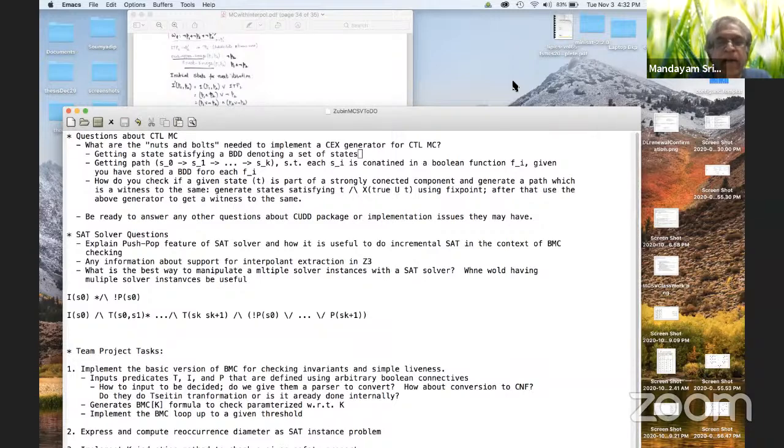Okay, how you will do that. You already have tau 1, you already have tau 2.